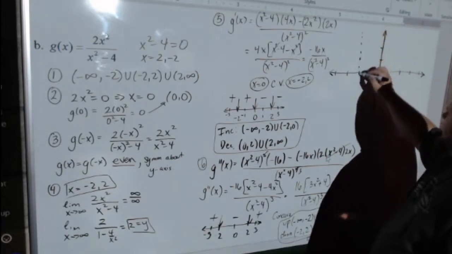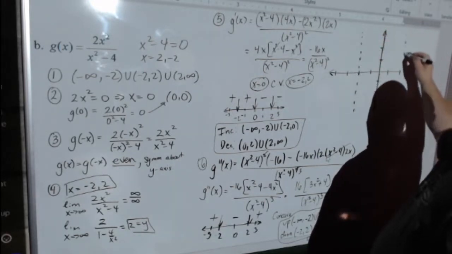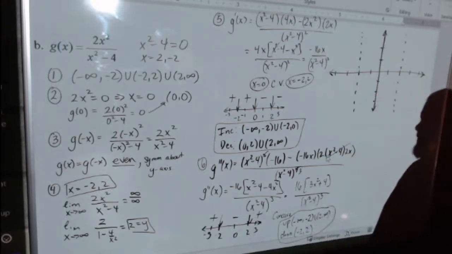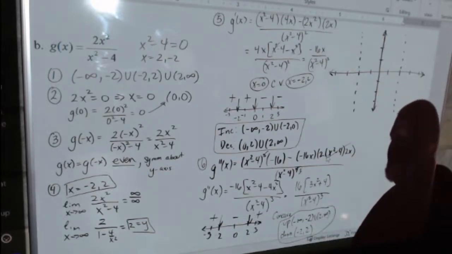So an asymptote here and an asymptote there. And then it says there's an asymptote at y equal 2.